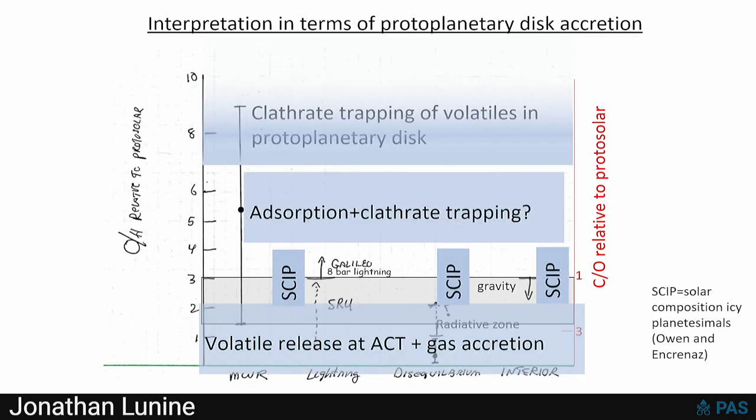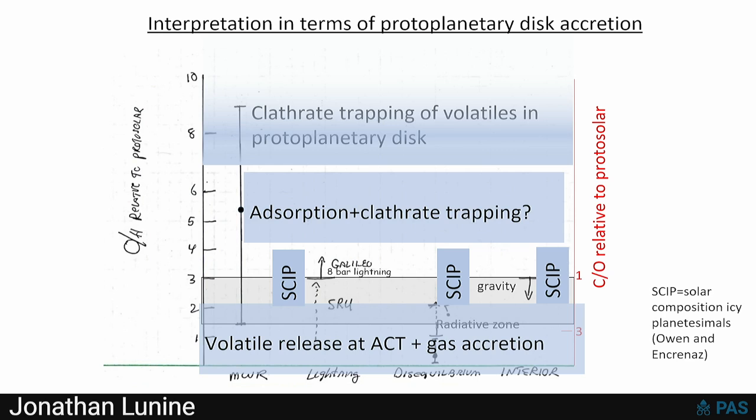And that in turn, if you want to interpret this in terms of planetesimal seeding, really eliminates some particular types of planetesimals. Clathrate hydrates, which trap volatiles in crystalline water ice, would lead to too much water, probably adsorption as well.